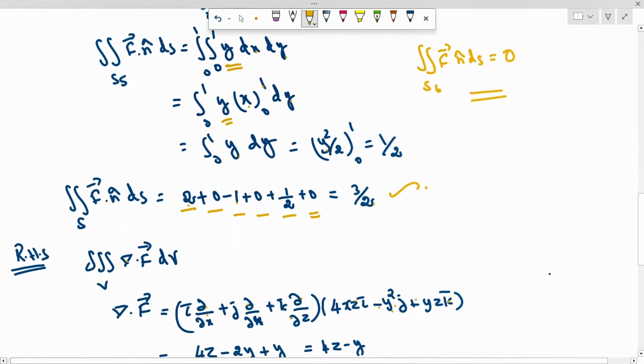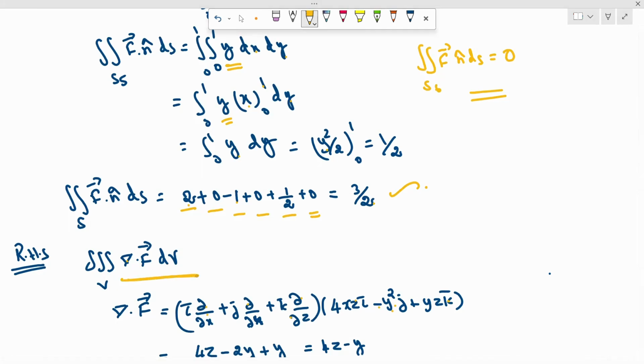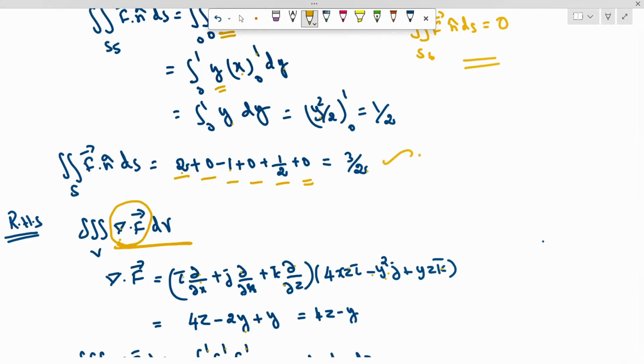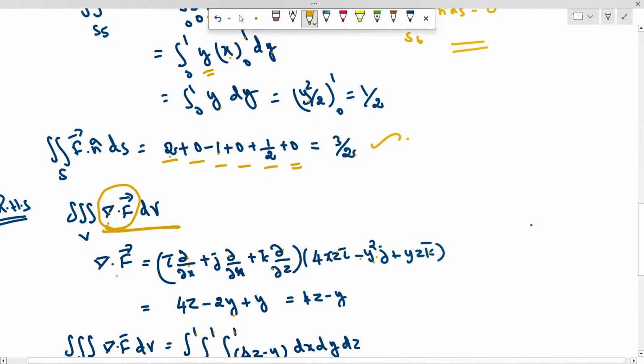Right side of our right hand side part is triple integral over v del dot f vector into dv. Okay. First we are going to calculate del dot f vector. If we calculate this one, we can easily integrate. We know that the expansion of del is i vector into dou by dou x plus j vector into dou by dou y plus k vector into dou by dou z into dot f vector.